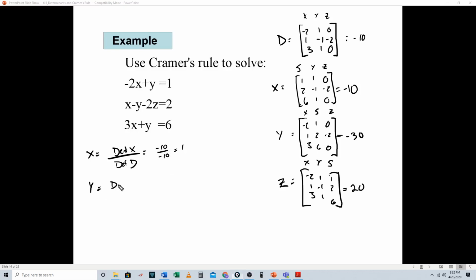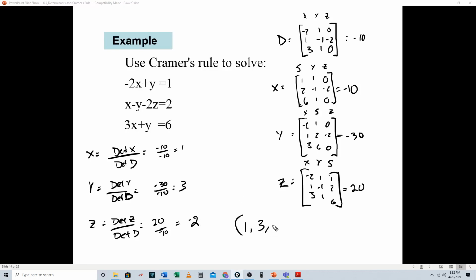Y is equal to the determinant of y over the determinant of d, which is -30 over -10, which is 3. And z is equal to the determinant of z over the determinant of d, which is 20 over -10, which is -2. So 1, 3, -2 is this.